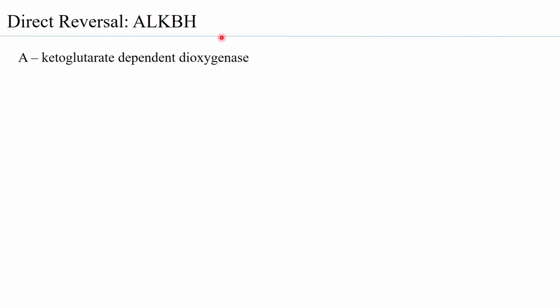But not all ALKBH are responsible for DNA repair. In humans, ALKBH 1 to 3 are responsible for direct repair, and in other species there are other ALKBHs which are responsible for direct reversal of alkylated adducts.